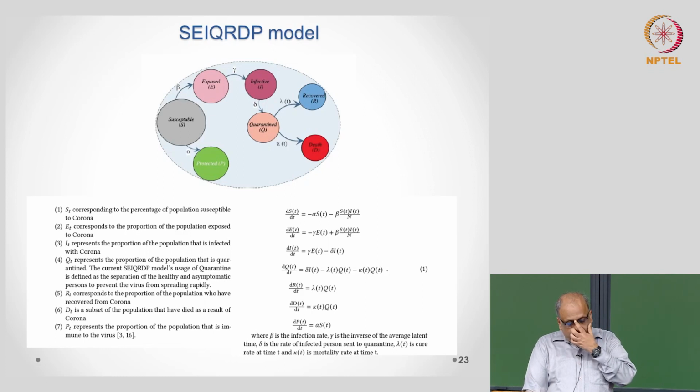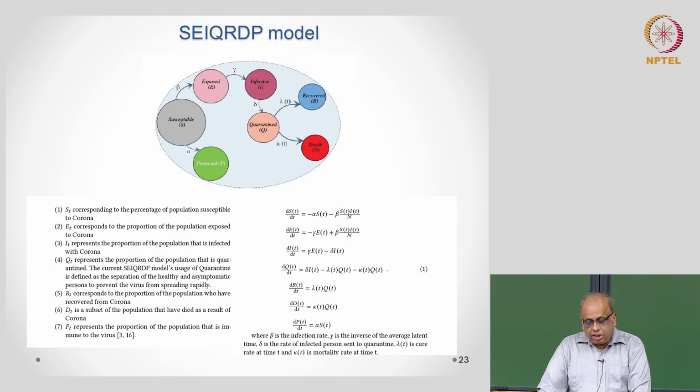So another model which was studied with some of the COVID viruses and was found to be good was the SEIQRDP model. So here they have multiple states.